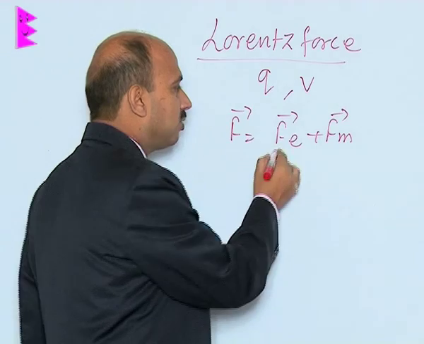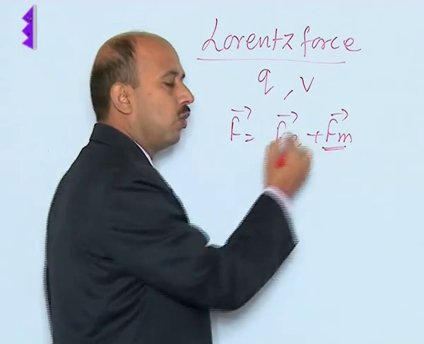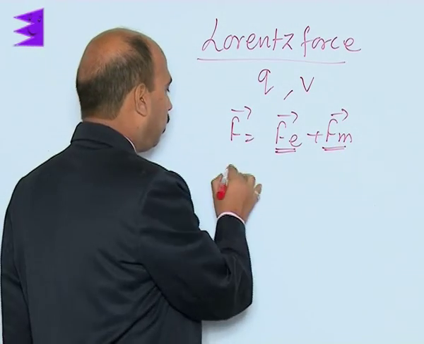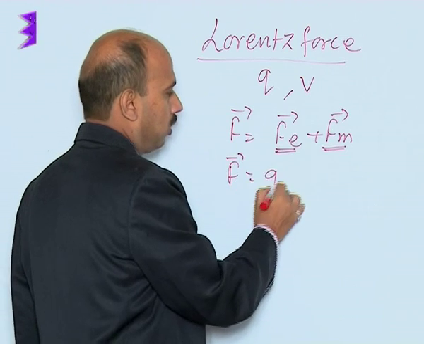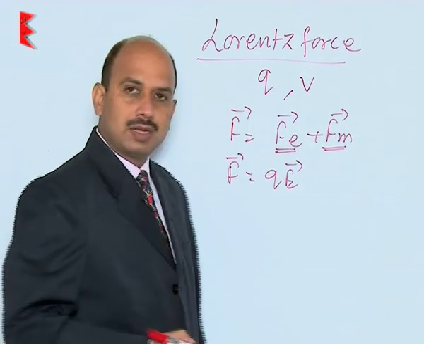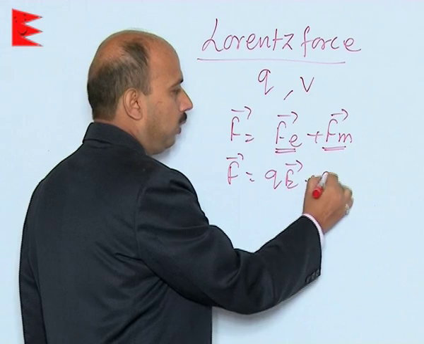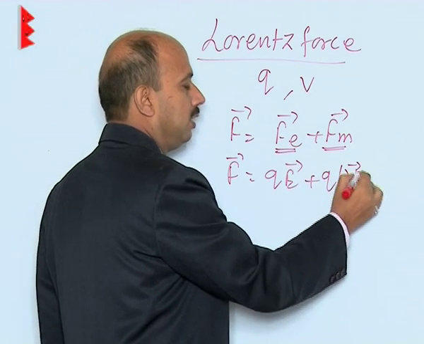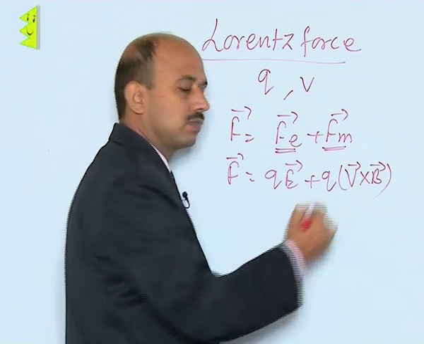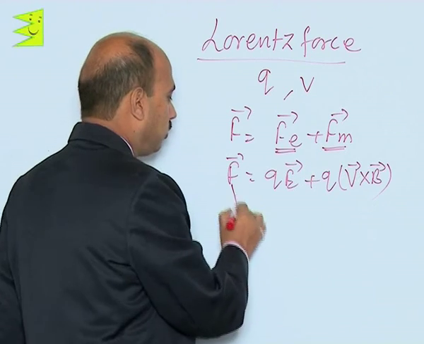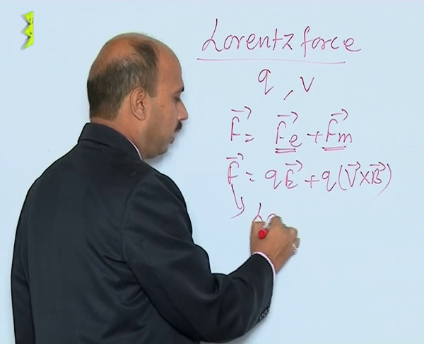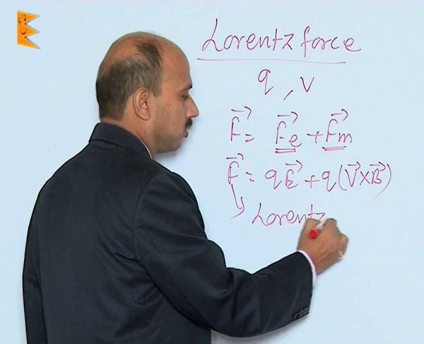Fe is called the electrostatic force, and Fm is called the magnetic force. So, we can also write F equal to qE, where E is the electric field, plus q into v cross B. This total force F acting on the charged particle is known as the Lorentz force.